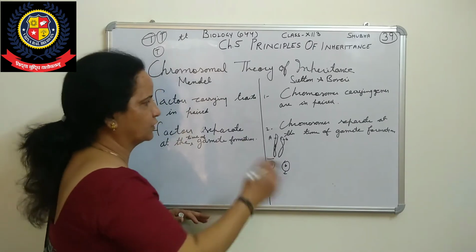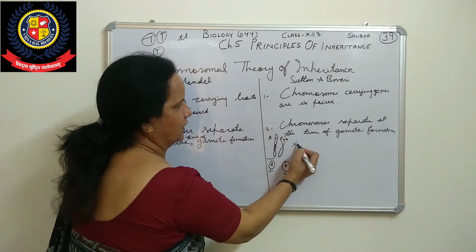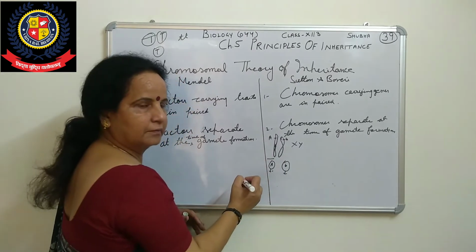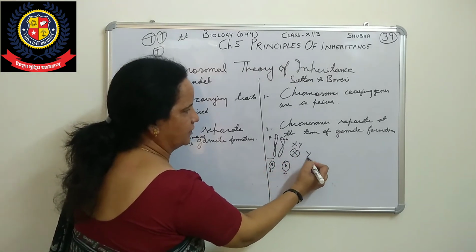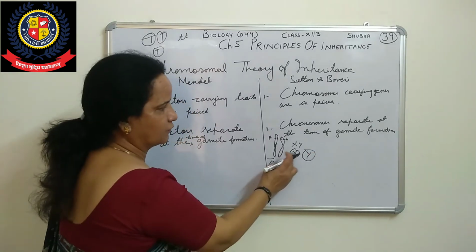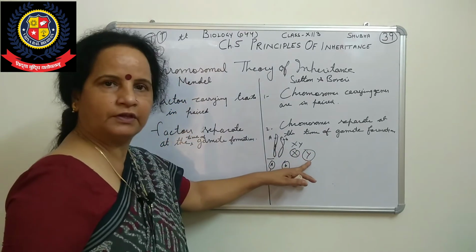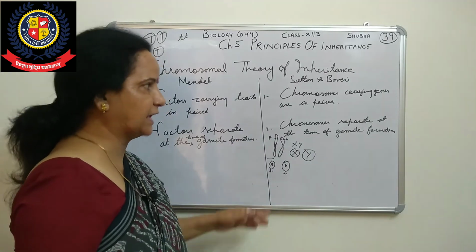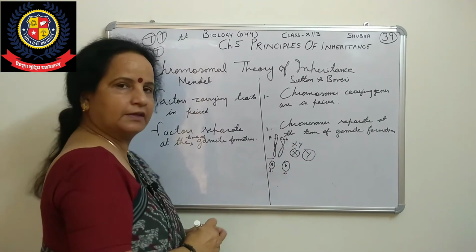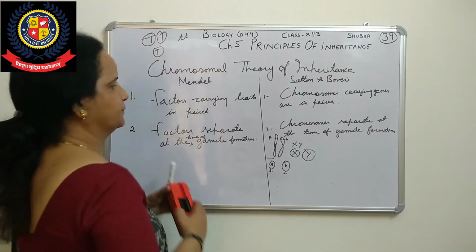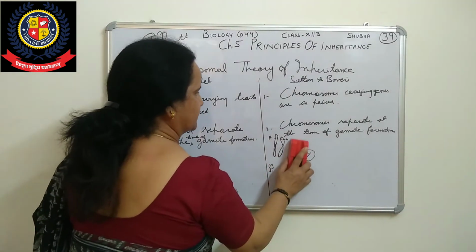As you know, in XY male, one gamete will have X and the other will have only Y, and there are some genes on them too. At the time of gamete formation, chromosomes separate, so the same thing is there, but there are no changes. Now the third point is what they told.